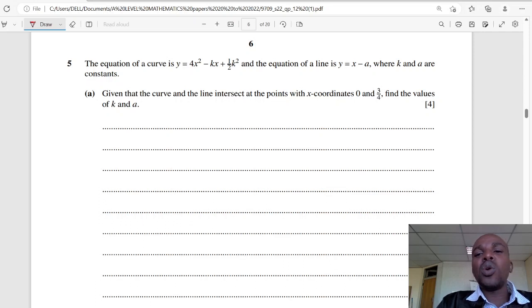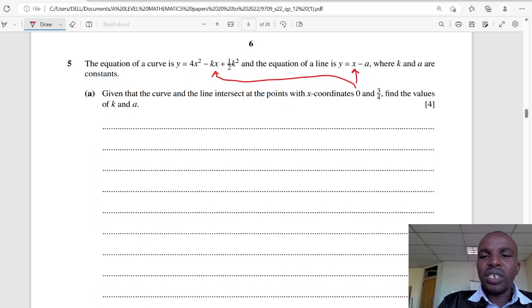Which means these x coordinates 0 and 3 over 4 satisfy the equations of both the line and the curve, right? They satisfy both, right? So what you can do is find the coordinate point of intersection of the two items. How can you find the coordinate point of intersection? You can first put x equals 0 here and put x equals 0 here, and you must get the same result, right?